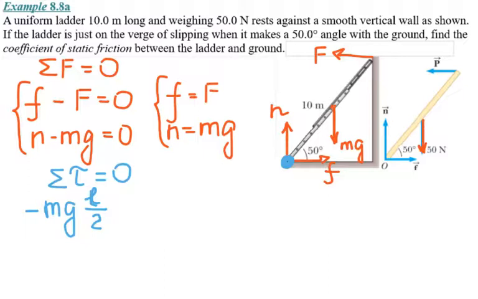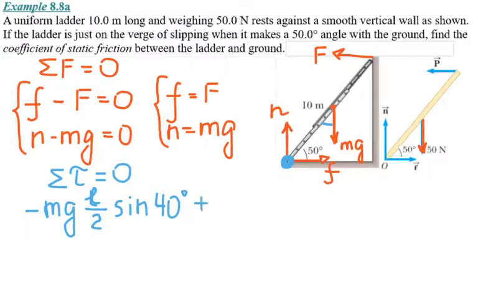Another force acting is F. The force F would make the ladder rotate counterclockwise, which is the positive direction, and that is F times the distance. Oh, I forgot the sine. So here we need the sine of an angle, and this angle is 40 degrees.